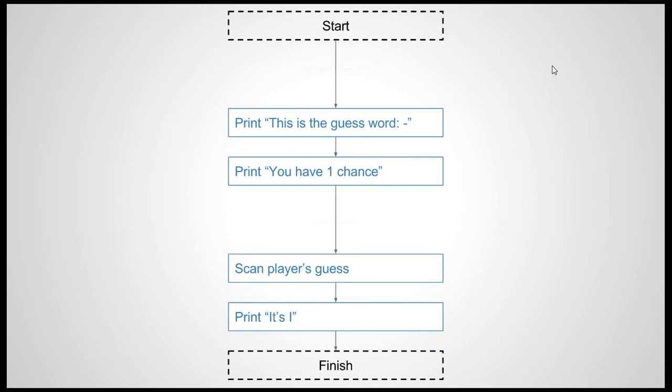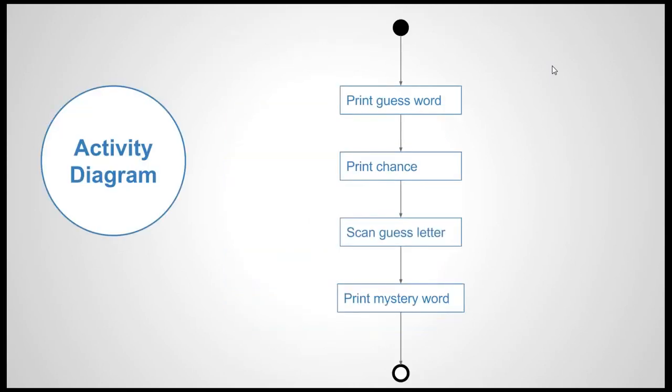So basically now we can see this as an activity diagram already, but I want to make this very simple. So I will do this. I will first make the start and finish into symbols, and instead of writing the whole quoted text string, I'll just give the reference name of the string, like guess word, chance, guess letter, and mystery word.